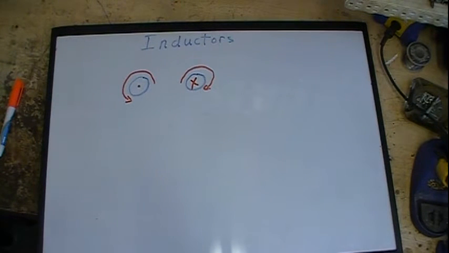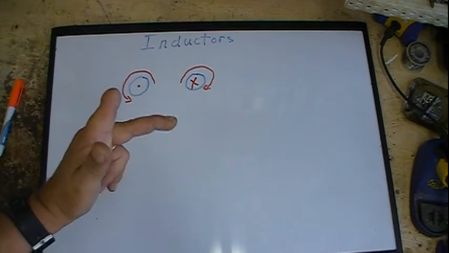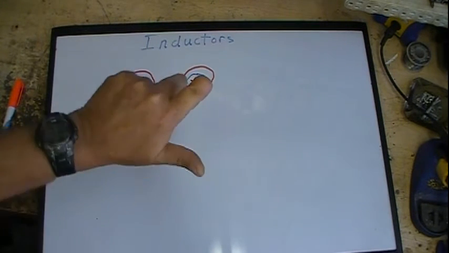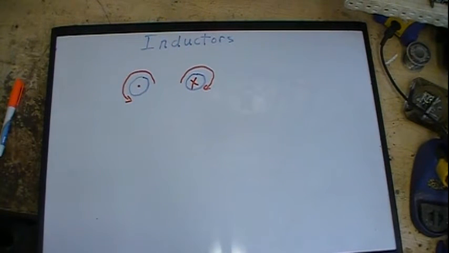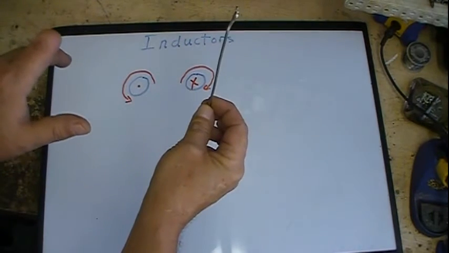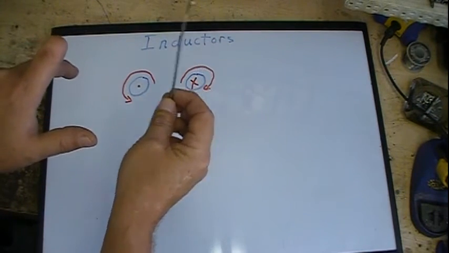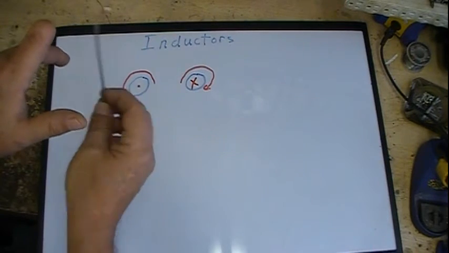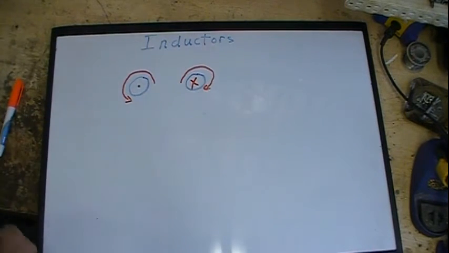Now, there is another basic rule that deals with that, and that's called the left-hand rule. Basically, you set your hand in a position like this, and your thumb is the motion of the inductor. So the thumb will be how the inductor is moving, which can also be, in reverse, how the magnetic field is moving.